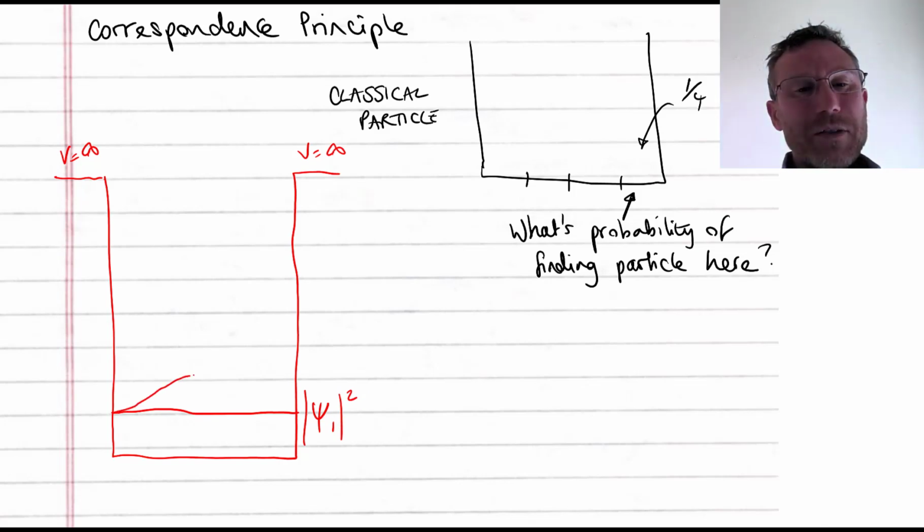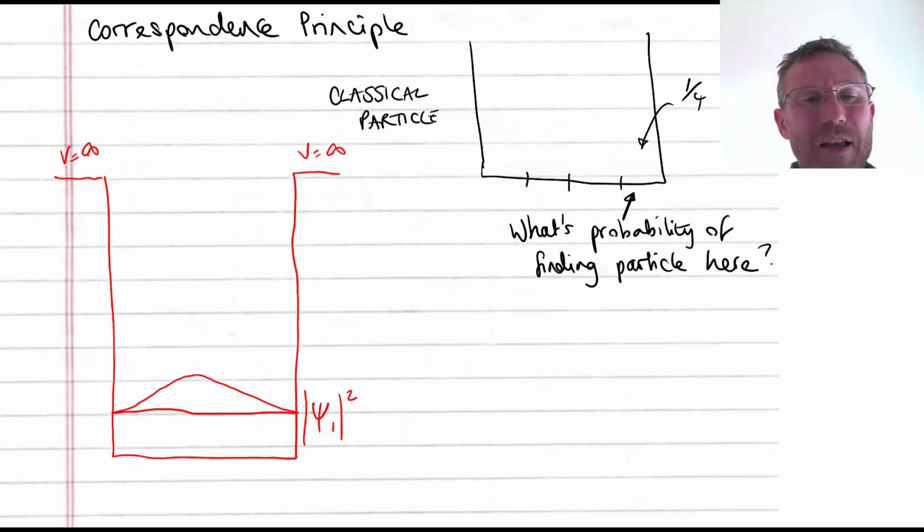We have this probability function that says there's actually a much larger chance, if we look at the area underneath this curve, of finding the electron in quadrant 3, for example, compared to quadrant 4.